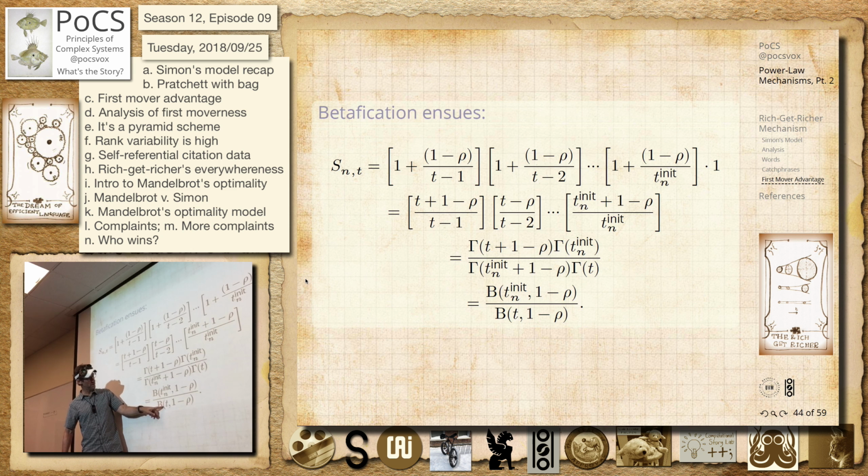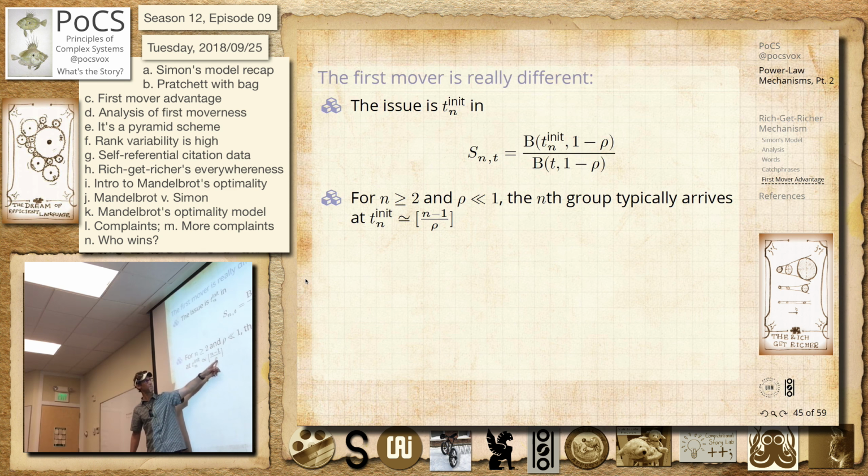And really the key thing is they all look pretty much the same, except the initial time when the nth group starts is really a key piece in there. So the issue is this. For every group that appears after that first one, the typical time that they turn up is going to be n minus 1 over rho.